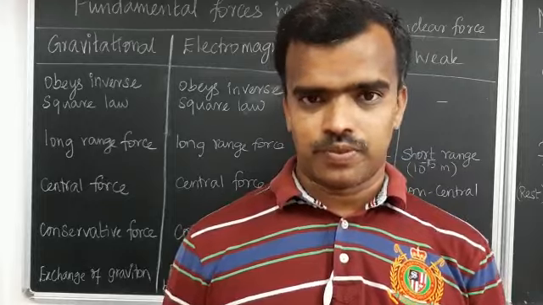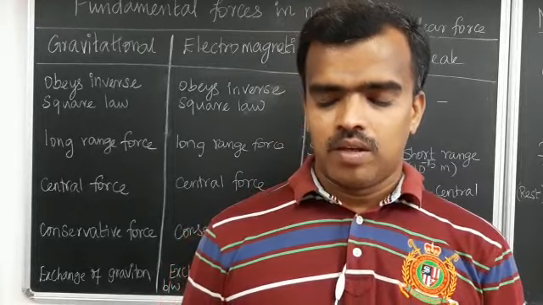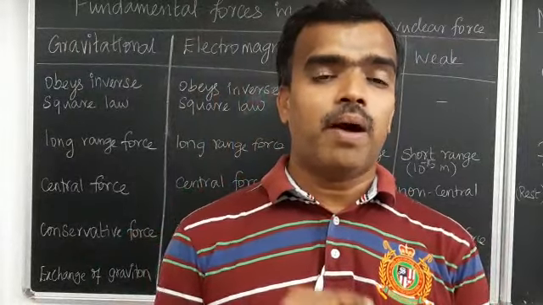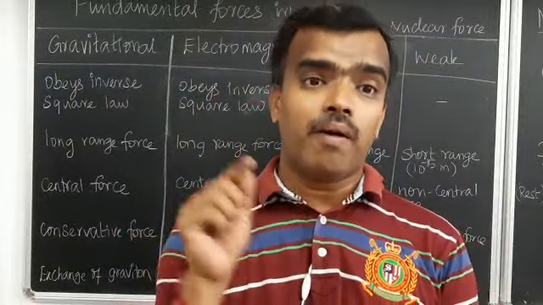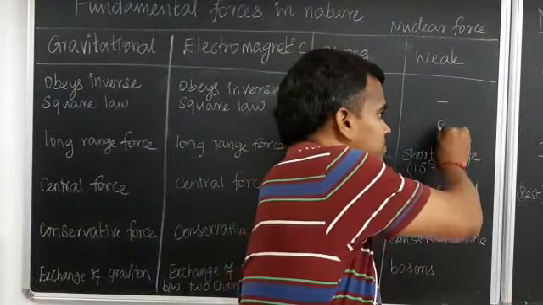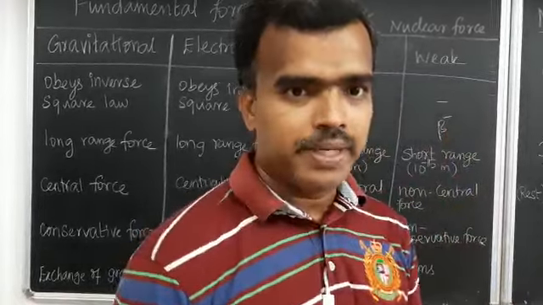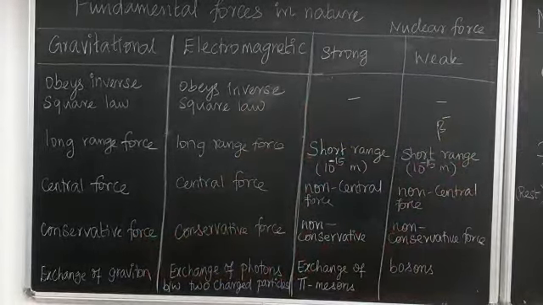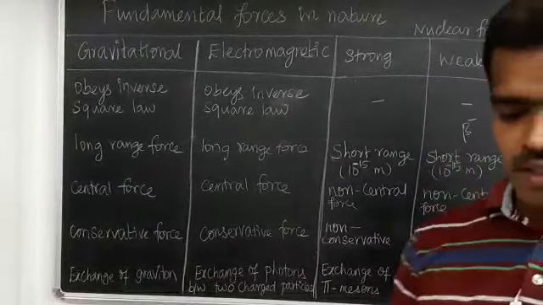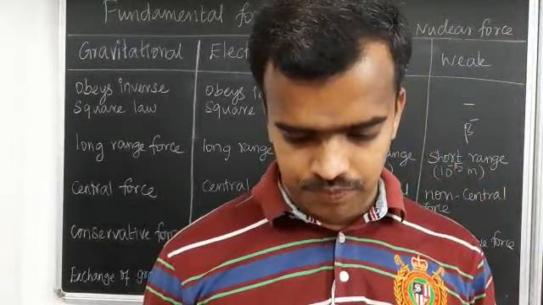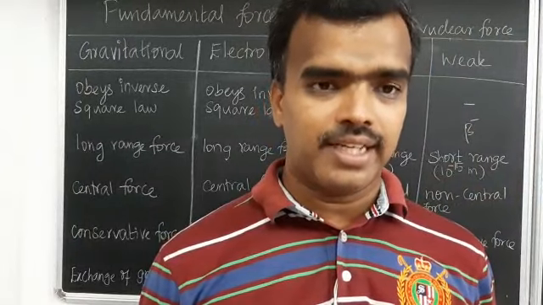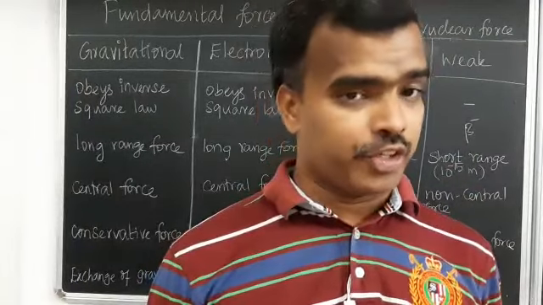And second thing, if you are taking beta decay, beta minus decay will give an electron and an antineutrino.